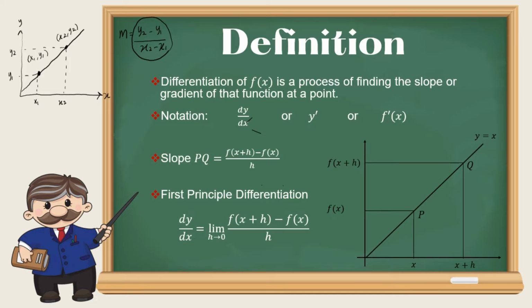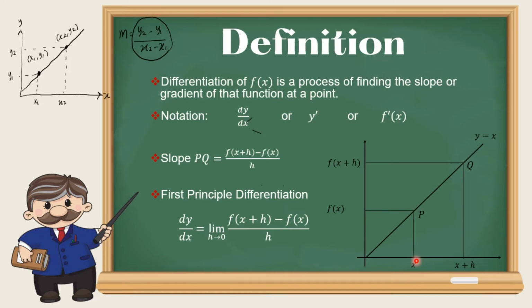So in the differentiation process, let's say we have the two-axis graph here. You can see the two-axis graph here. We have the x-axis and also the y-axis. And previously, I told you that the y-axis can also be represented by f(x), the function of x.